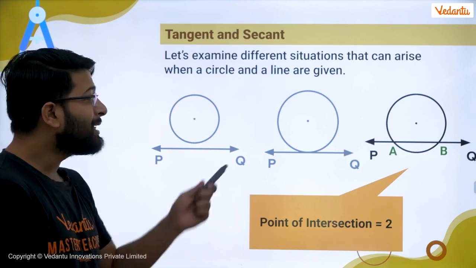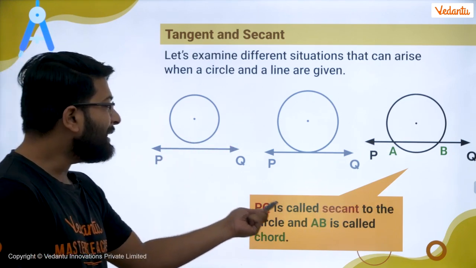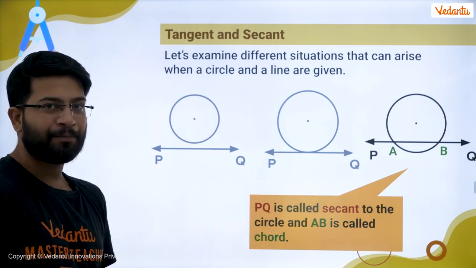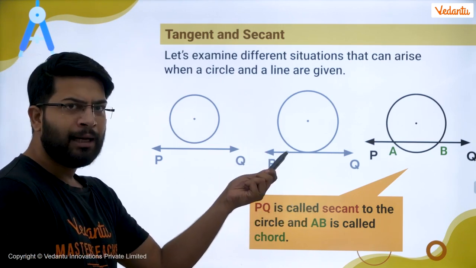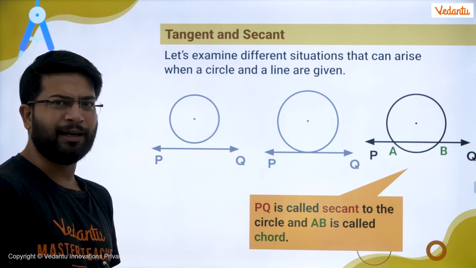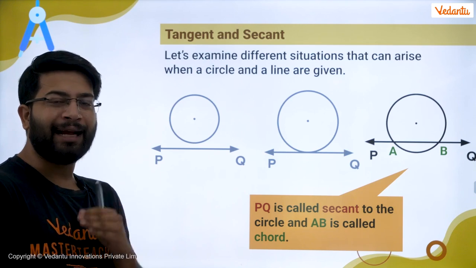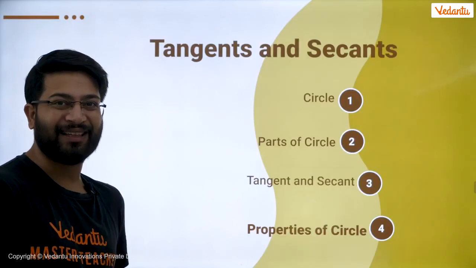So in this case, the line PQ is known as the secant of the circle, and A and B, lying on the circle, form the chord of the circle. That means if I extend my chord in both directions, it will become the secant of the circle.